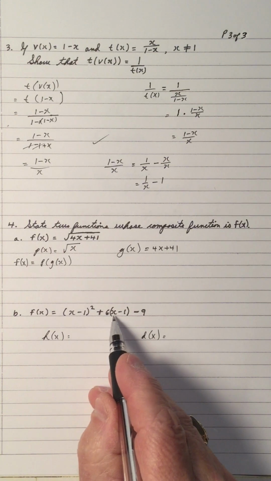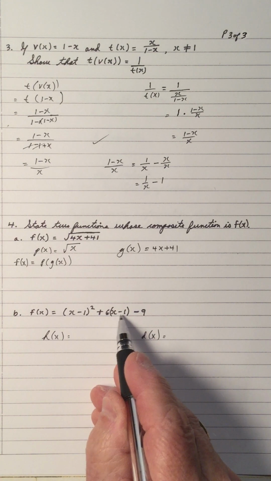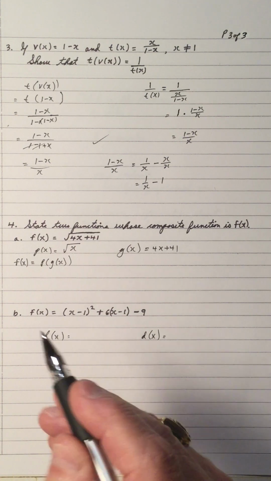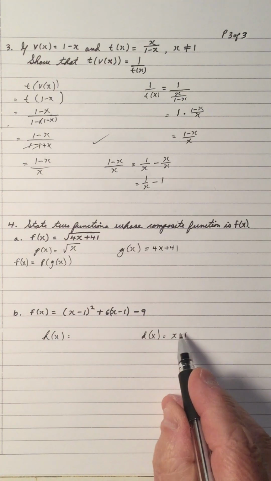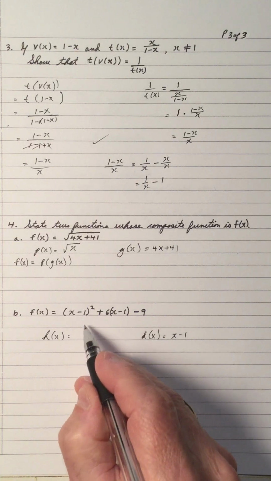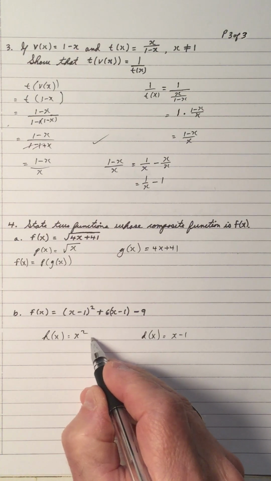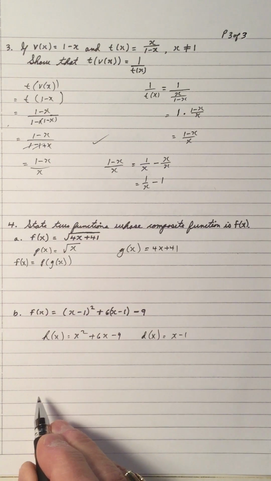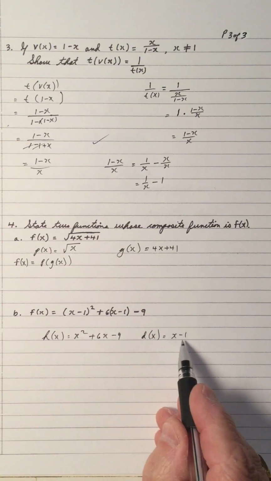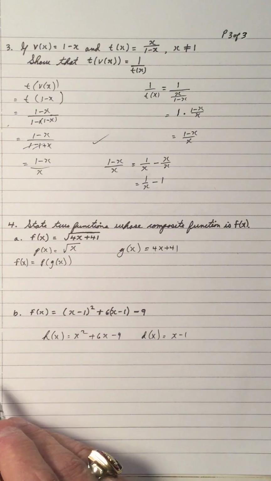So looks like this is an x minus 1. So the x minus 1 is going in. So let's make the d an x minus 1. And let's take this d and sub it in here. So that means this is the x squared plus 6x minus 9. So x minus 1 is here and here, so we've subbed that in. Yep.